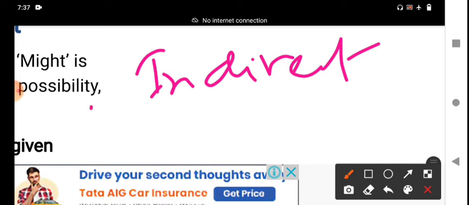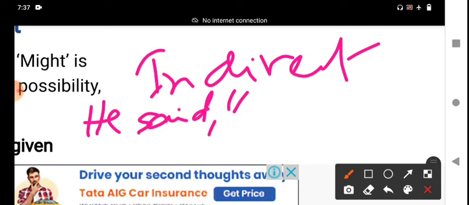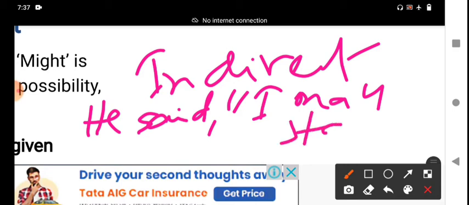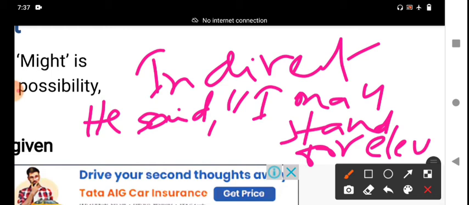For example, he said, I may stand for election.